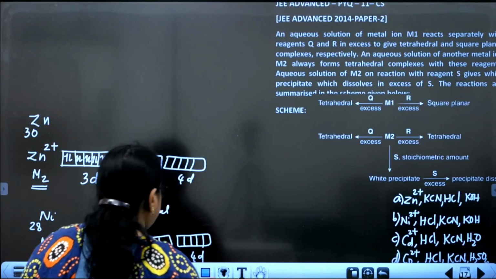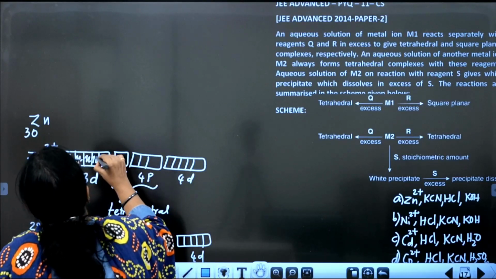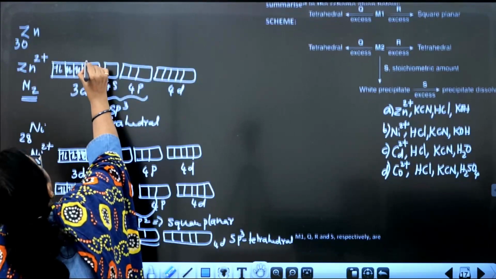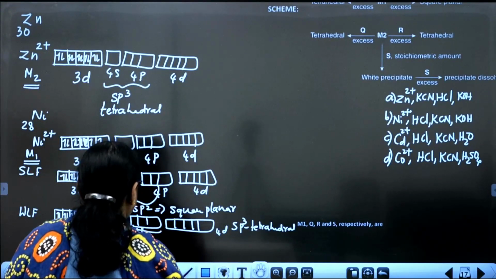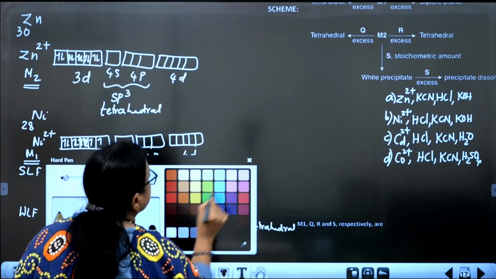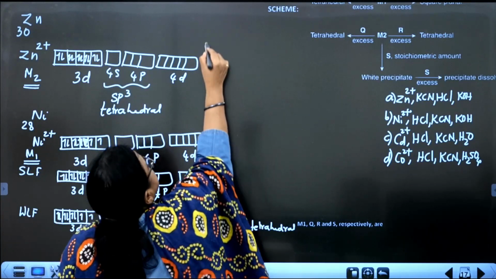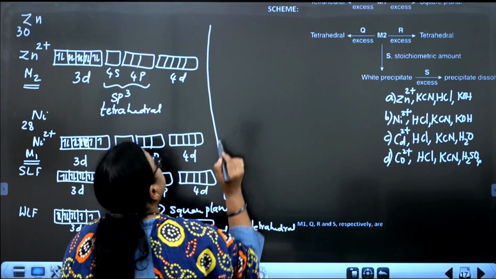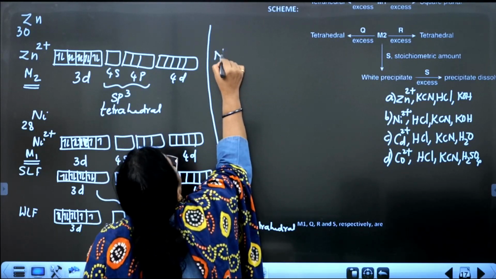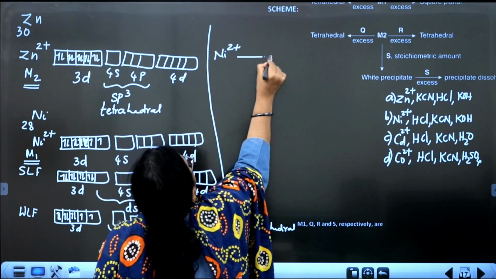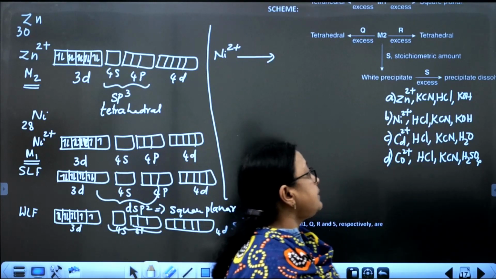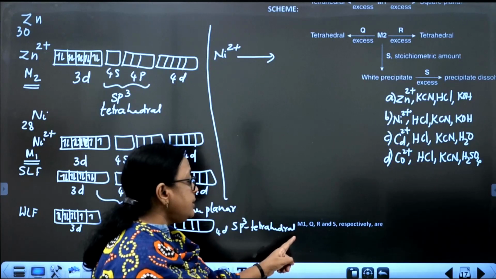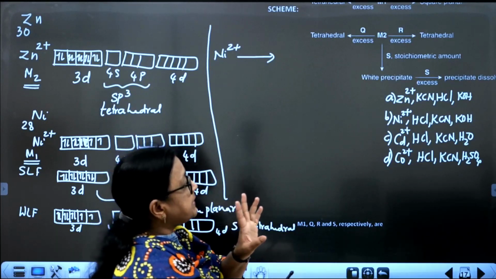So let us see here. Nickel 2 plus, HCl is what is given. You are asked to find out M1, Q or S respectively.